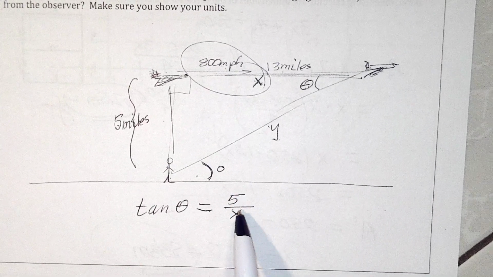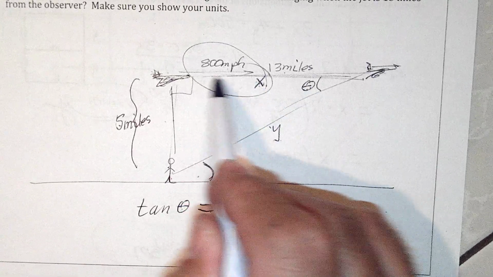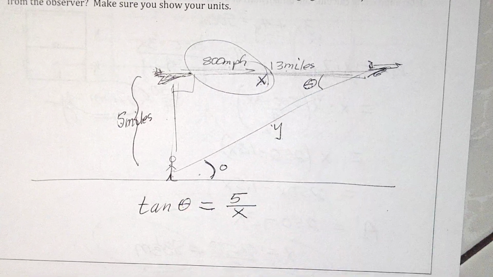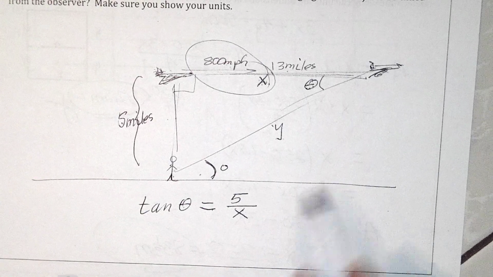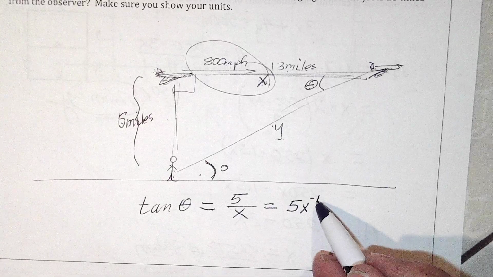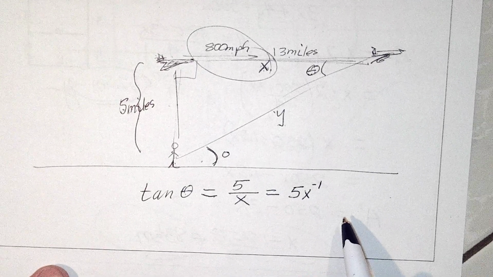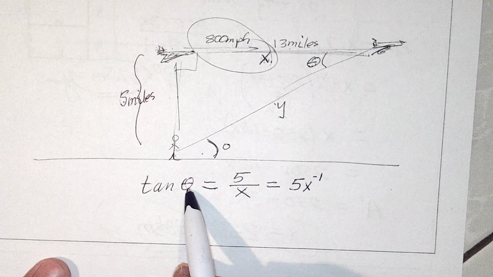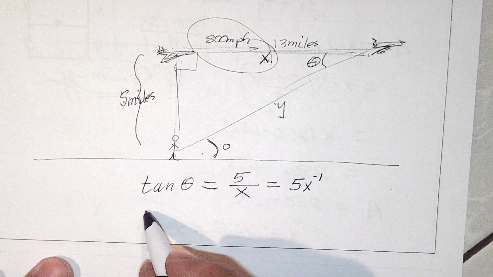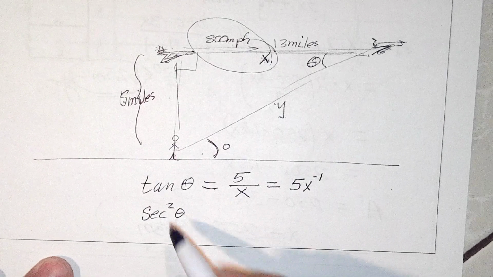So now I finally got a relationship between theta and the direction the plane is flying. I'm going to take the derivative of this. See, that's same as 5 times x to the minus 1. I'm going to take the derivative of this with respect to time. Let's see, the derivative of tangent is secant squared.